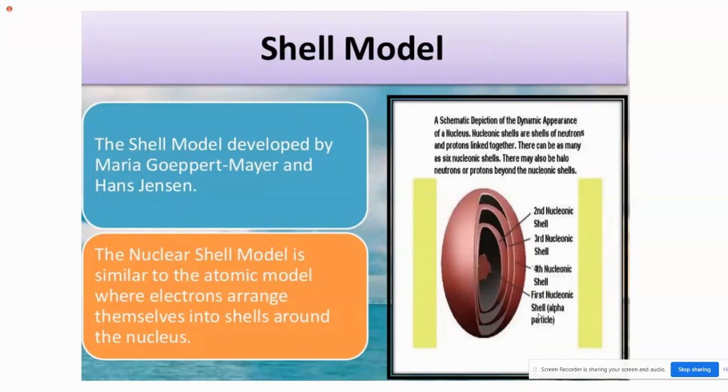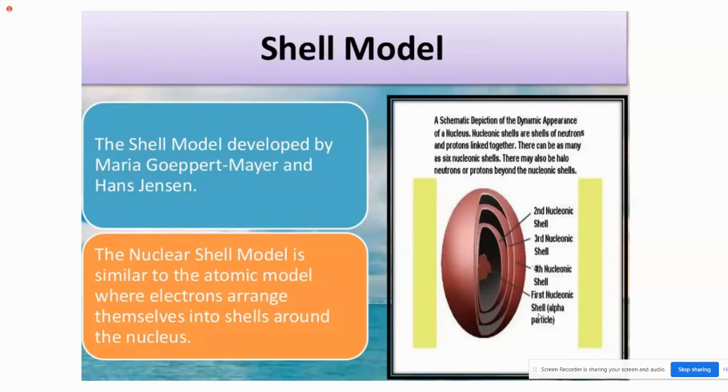In this nuclear shell model, just like our atomic shells K, L, M, N, it is called first nucleonic shell, second nucleonic shell, third, fourth, and so on.